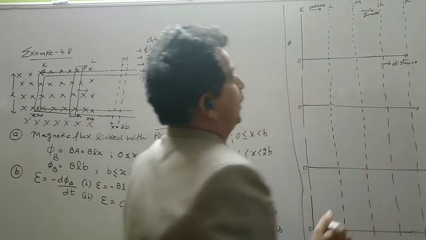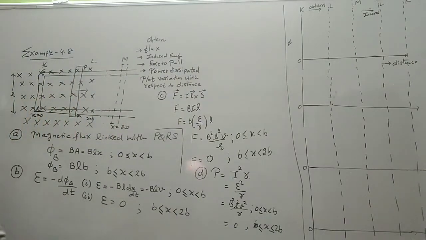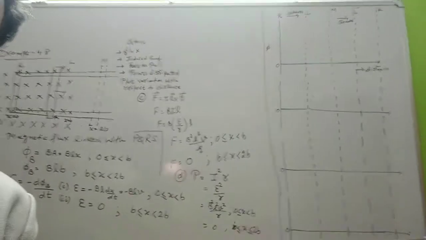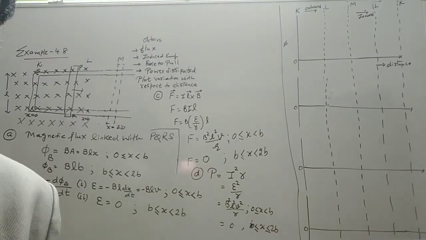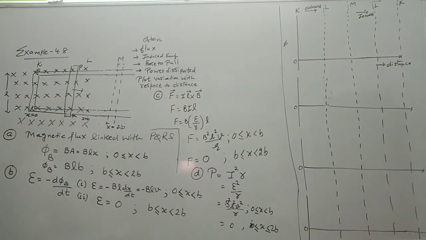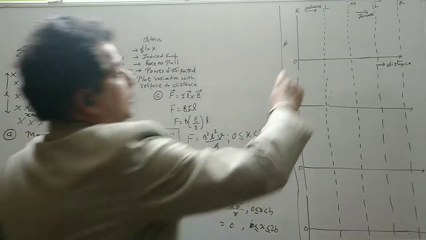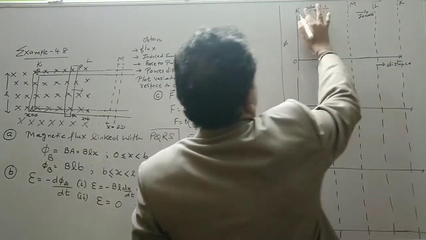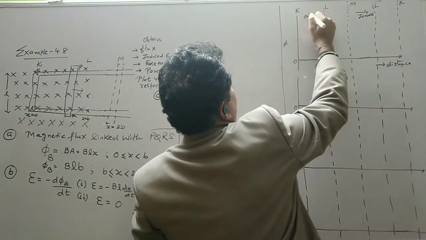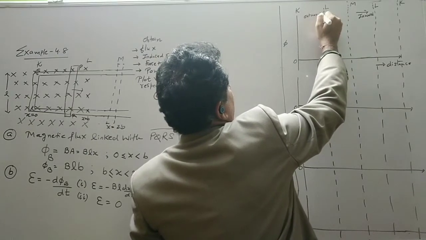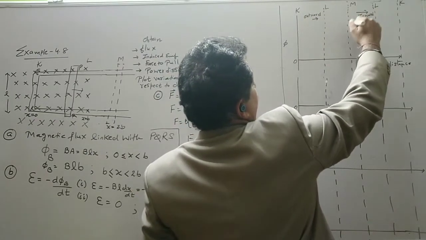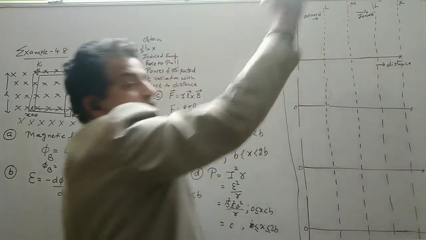So see how the graph is plotted: K to L, then L to M is outward, and then from M to L, L to K, it is inward.